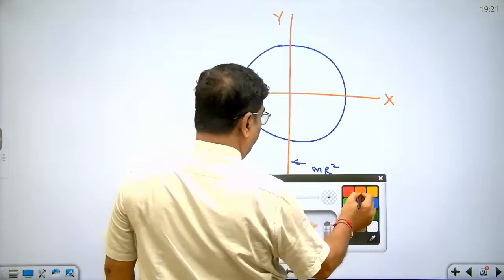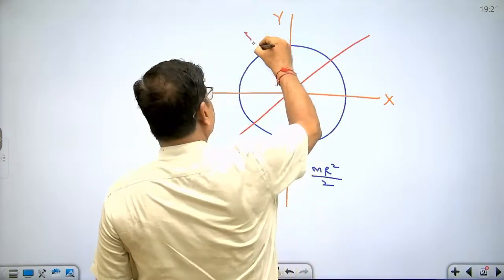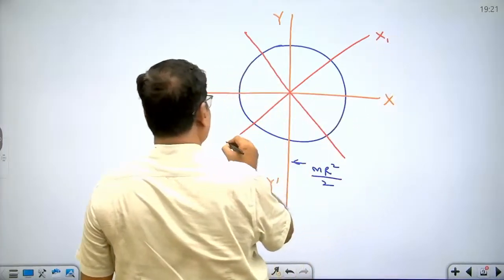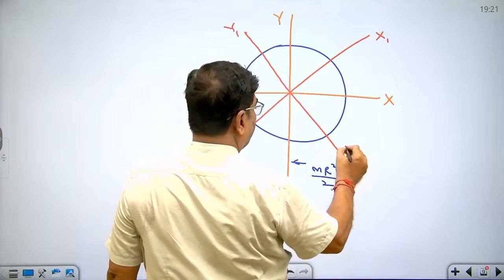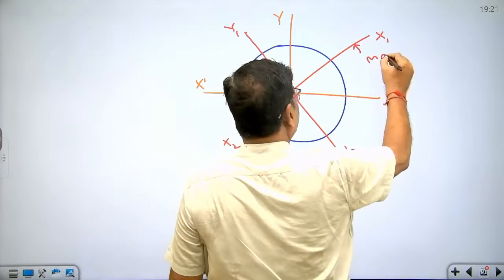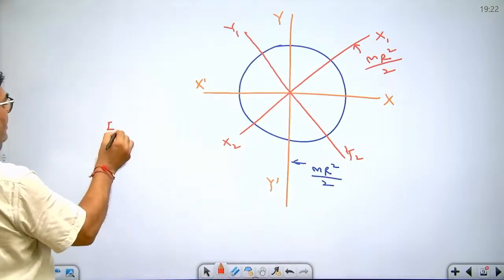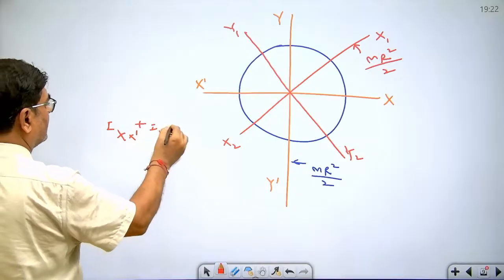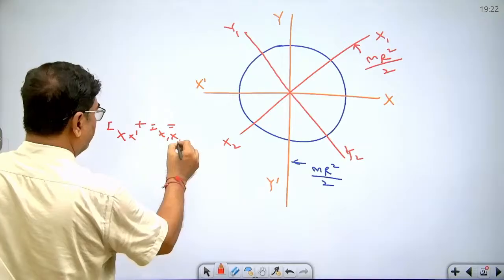Now if we mark another diameter axis, suppose this is x1 x2 and this is y1 y2, then the moment of inertia about x1 x2 and y1 y2 is also mr square upon 2. So we can write this equation in this way: I about xx dash plus I about x1 x2 will also be equal to I about zz dash.